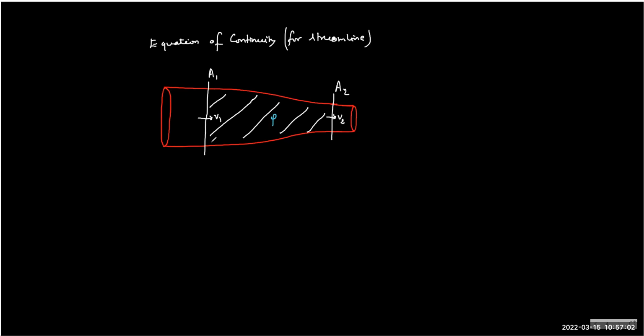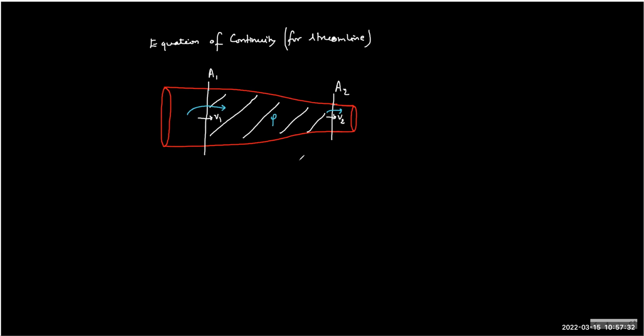So the amount of fluid between cross-sections A1 and A2 we cannot change, which means whatever enters from this cross-section in a time dt, the same must exit from the other cross-section in the same time dt, because otherwise the net volume within would change, which we cannot consider as per the assumption.